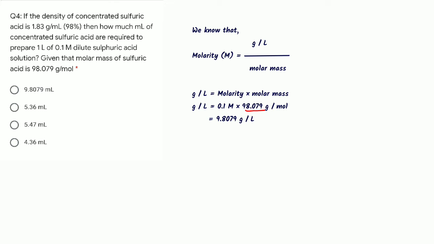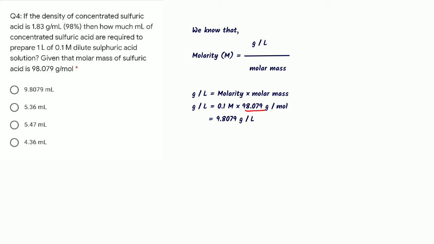But here we don't know the gram per liter, so we can calculate the gram per liter. That means we can calculate how much sulfuric acid is required to prepare 1 liter of the 0.1 molar dilute sulfuric acid by getting the gram per liter. Just do the cross multiplication and we get the gram per liter, which is equal to 98.079 gram per mole times 0.1 molar.